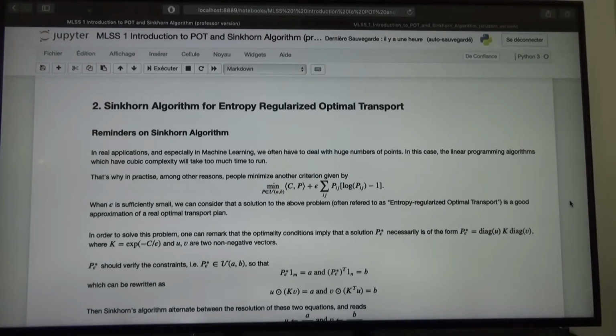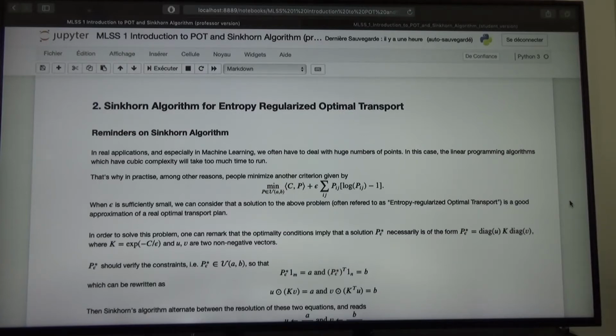Okay, so now that we have computed the exact solution to this linear program, we can add the entropy to our problem. So we're not going to solve exactly, we change the objective, we add this entropy term, with a regularization strength that we will have to choose and tune in practice.